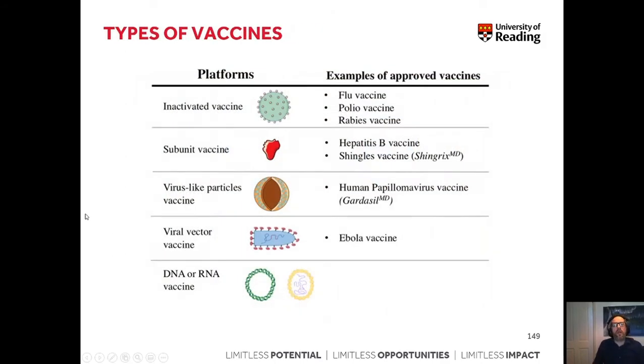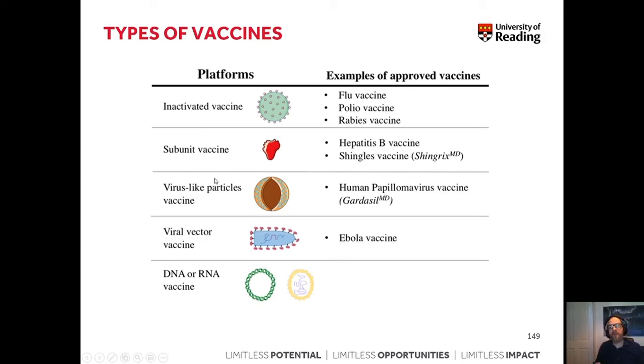So, in terms of vaccines, there are many different platforms how vaccines can actually be delivered, and we have inactivated vaccines. Examples of approved vaccines are flu vaccine, polio or rabies vaccine. We can have subunit vaccines, and examples are hepatitis vaccine.